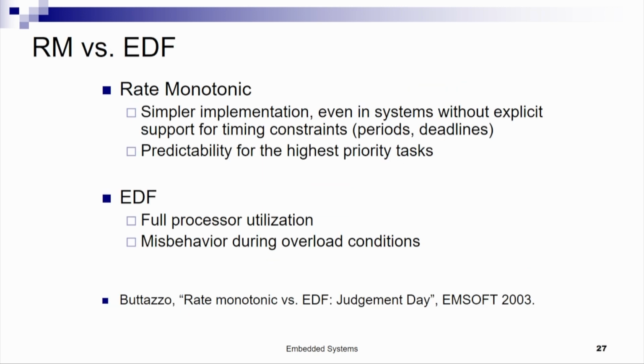So, comparing between RM and EDF, the most important advantage of RM is that it has a very simple implementation. Being a static priority scheme, suppose we keep ready queues which are segregated based on priorities.